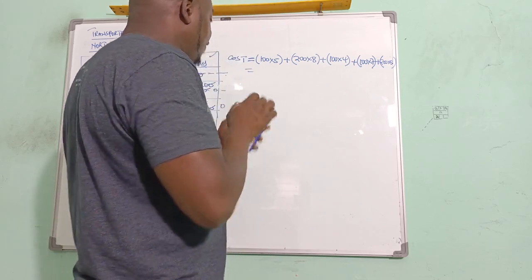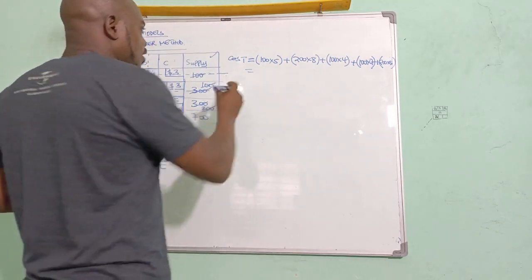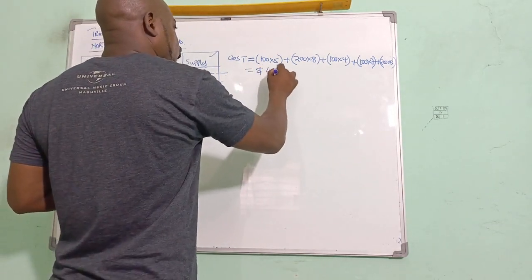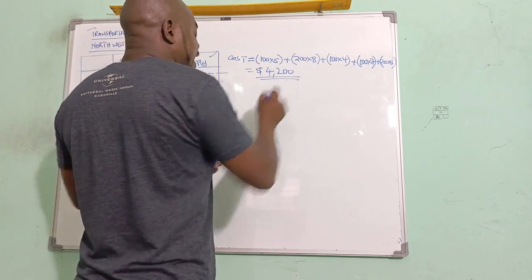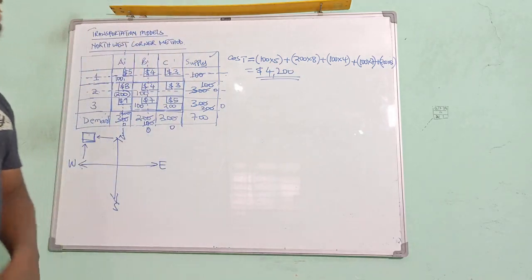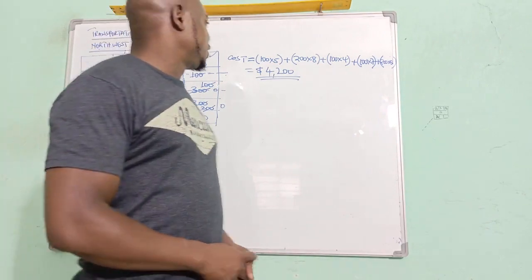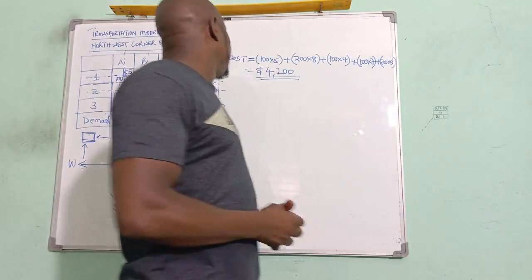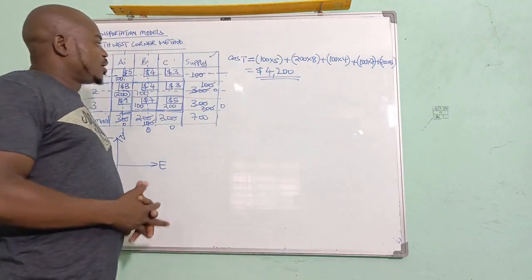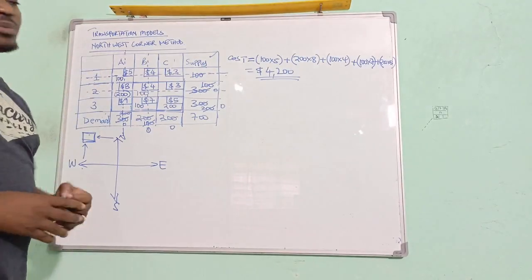Alright, I have $4,200. So under northwest corner, the cost of transportation is basically $4,200. All right, this is just one method.